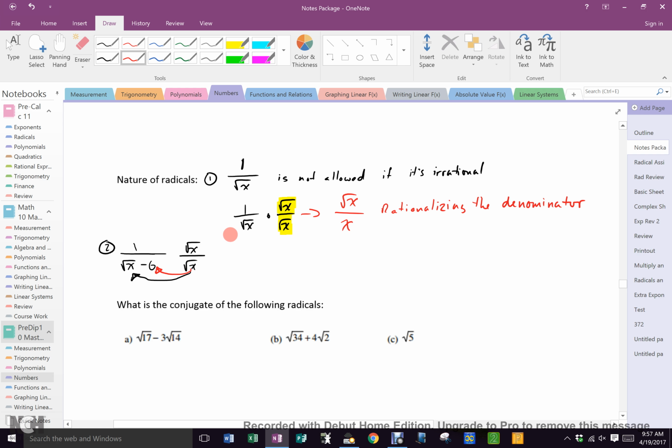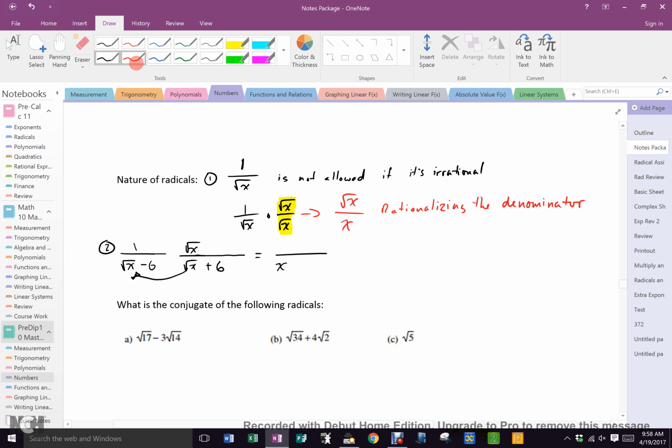But I'm not really in trouble here because I can multiply by something called the conjugate. I need to take care of this negative 6, yes? What would take care of a negative 6? Positive 6. Now, what happens? What's root x times root x?